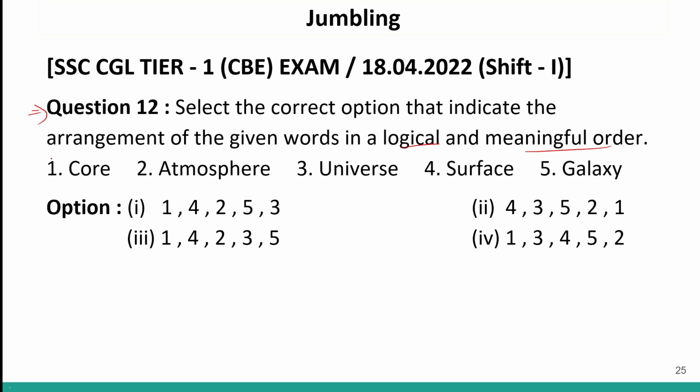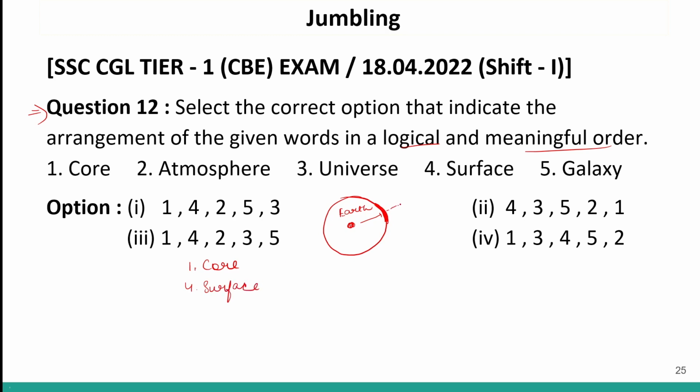Now, if you see, this is the Earth, right? We have a core here, right? So the first thing we'll have will be a core. Then we'll move forward and there will be the surface of the Earth, correct? This is the Earth. The surface of the Earth will come next.